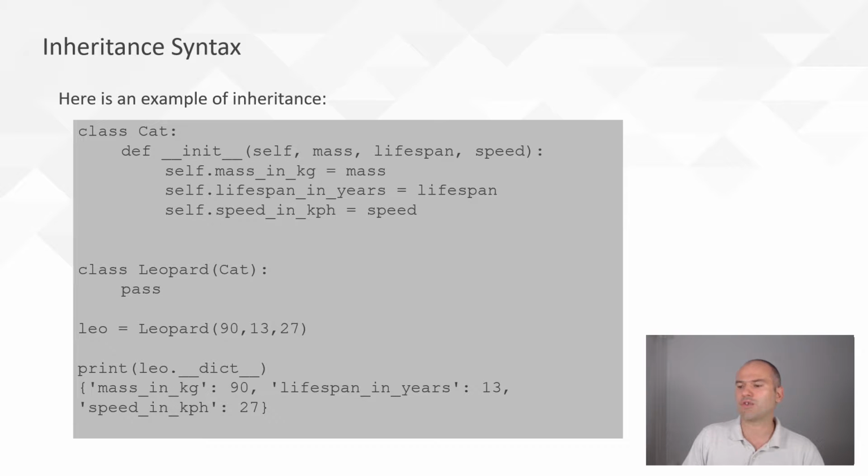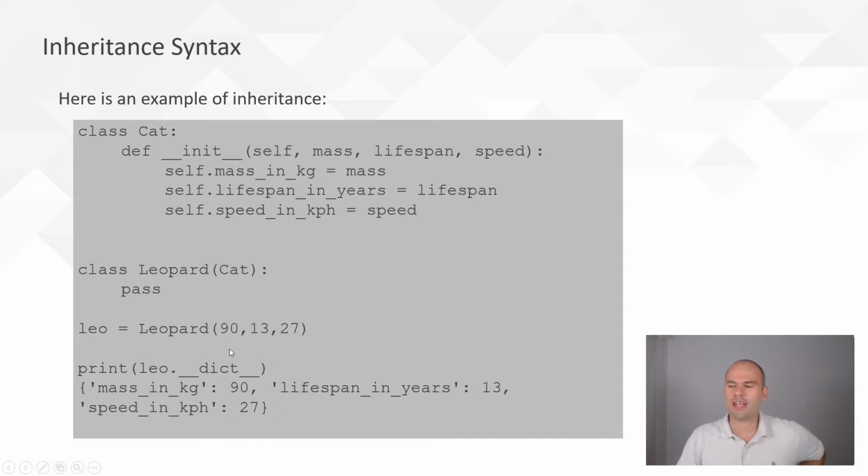So here's a rudimentary example that I'm going to explain, and then we're going to get into code and more detail. So the class cat creates a cat object with mass, lifespan, and speed. So here I have class leopard, and there's nothing in class leopard. Pass, nothing. But as a parameter, it has cat here. That means it inherits from cat.